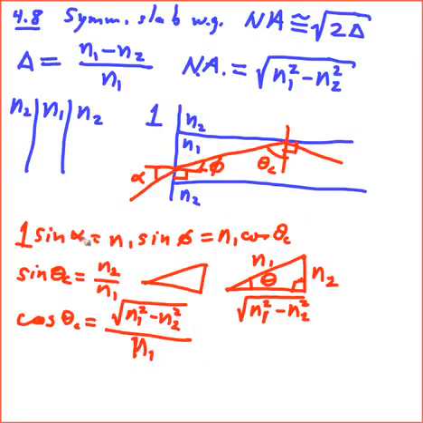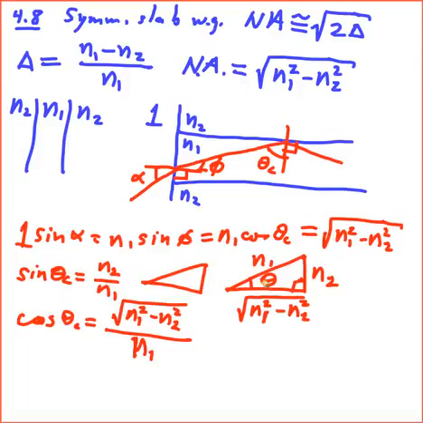And so sine of alpha is equal to n1 times the cosine of theta c, and from this equation, n1 times the cosine theta c is equal to this square root. So this is equal to the square root of n1 squared minus n2 squared.